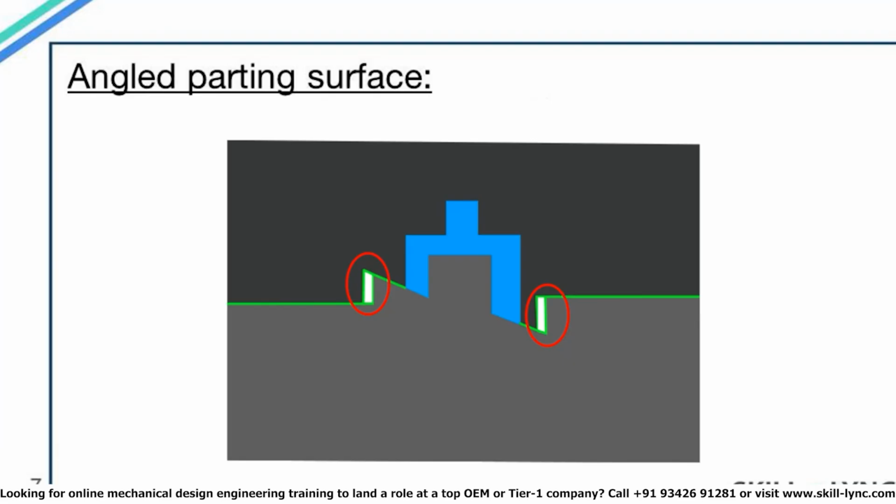But in the highlighted region, the surface is at a 90-degree angle. So here, as the core block moves away from the cavity, it will rub the cavity block, and over time it will damage the mold blocks. In general, we try to avoid steel-to-steel rubbing in mold blocks, so that is why a relief is provided to avoid damage to the blocks.